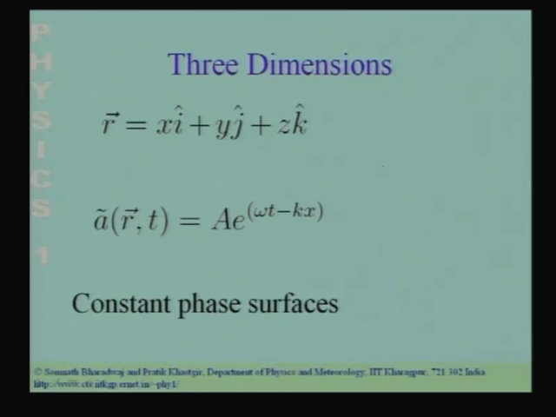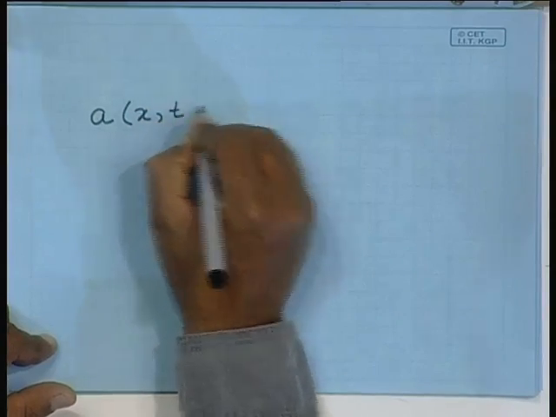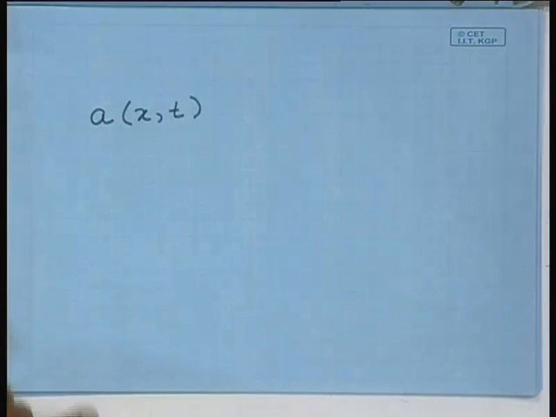So, we have studied waves, disturbances, which are a function of one variable x and time. So, the thing that we have been studying until now is a function of x and t. Now, such a discussion is adequate if you are dealing with disturbances, for example, in a string.